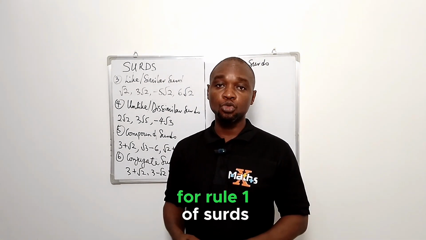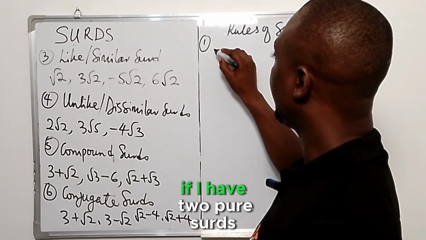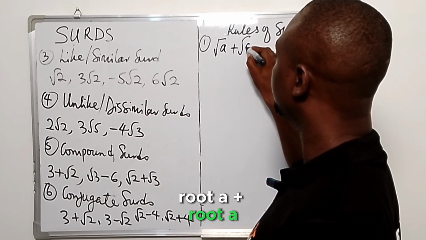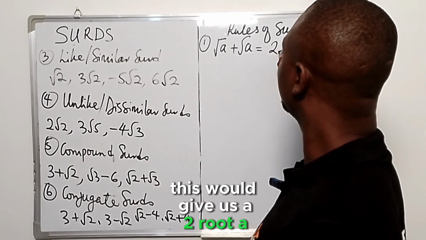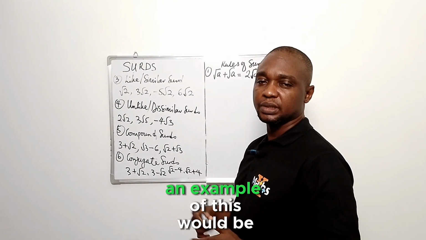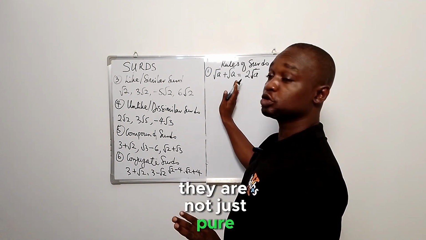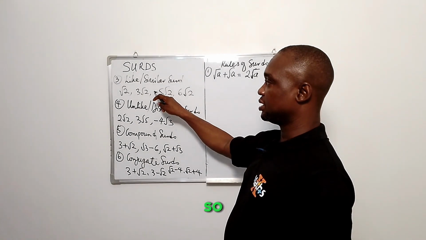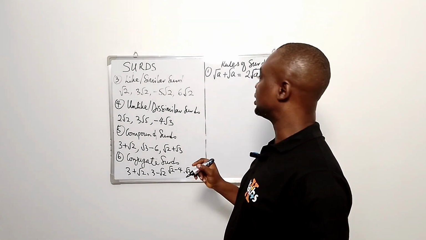So for rule 1 of surds, if I have two pure surds, root A plus root A, this would give us 2 root A. Since there are two pure surds, they are not just pure surds, they are similar surds, which is what I discussed here. So they are like surds. So this gives us 2 root A.